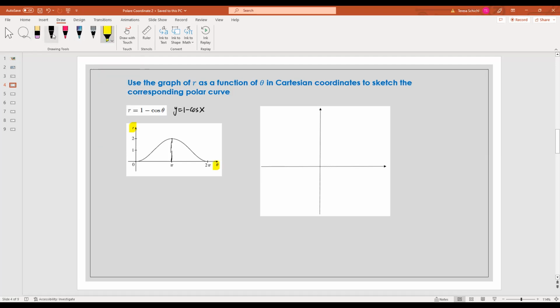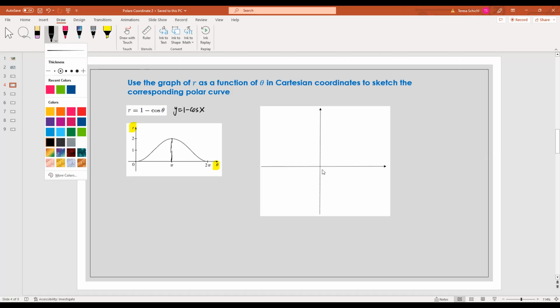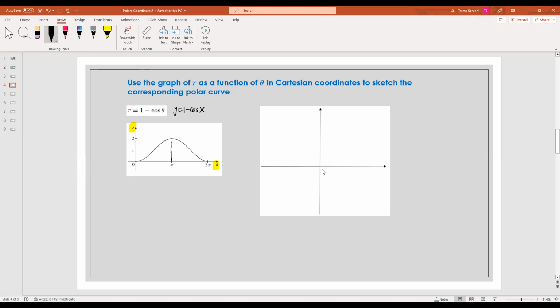So now let's take a look at how I use this Cartesian to produce the polar here. When the theta goes from 0, it continues going up. When it reaches pi, it reaches 2 here.